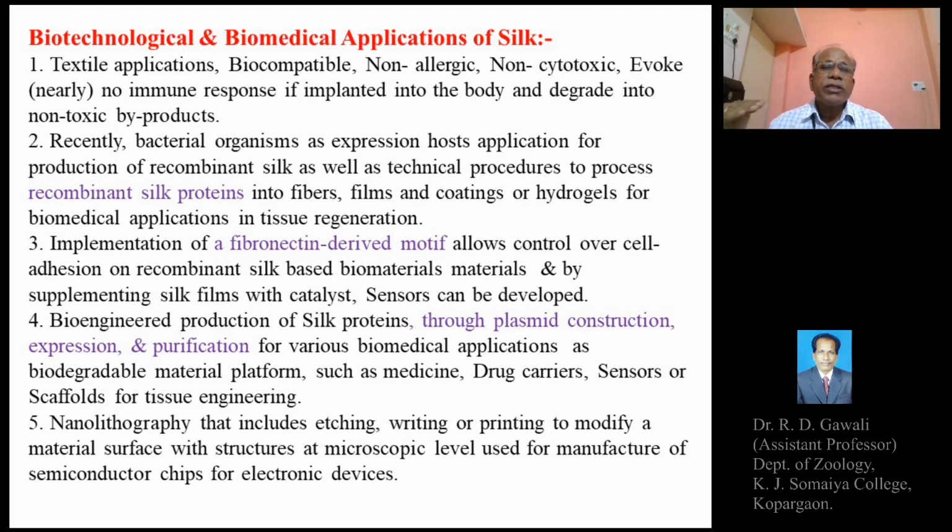The bioengineered production of silk proteins through plasmid construction, that is the use of bacteria or a plasmid for the genetic engineering technique so as to obtain recombinant silk or recombinant proteins.